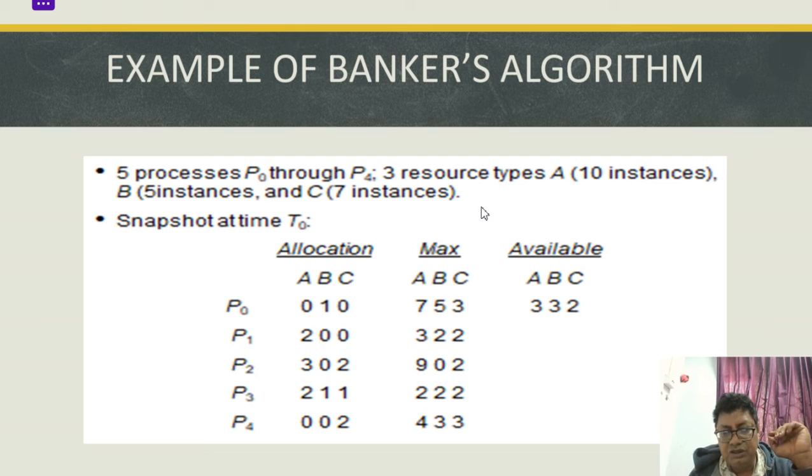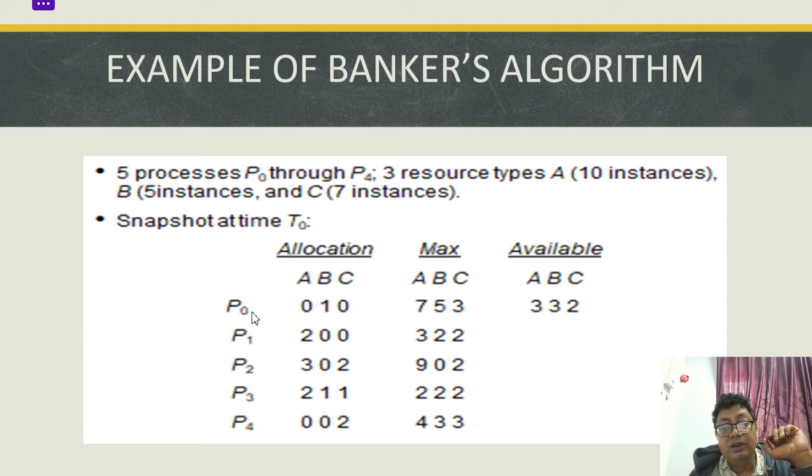Okay, that is given in the question. It is not the answer, it is the question. Also, they will provide a snapshot for a particular moment, like here: the allocation of A, B, C, the max of A, B, C, and the available A, B, C. P0 already occupies 0 of resource A, 1 of resource B, and 0 of resource C. And the max of A is 7, max of B is 5, and max of C is 3 can be allocated for P0.